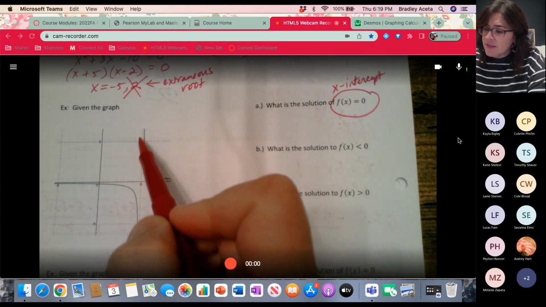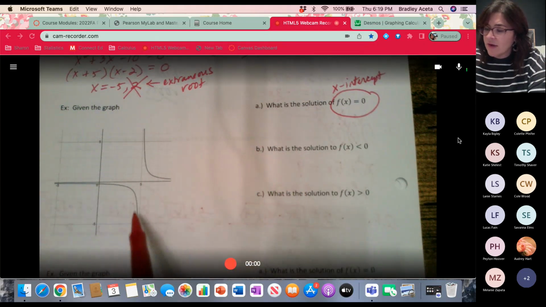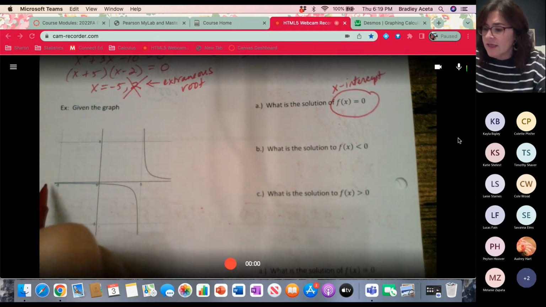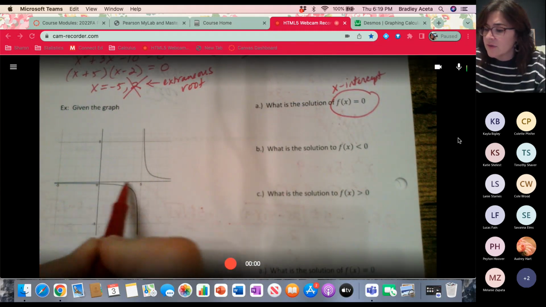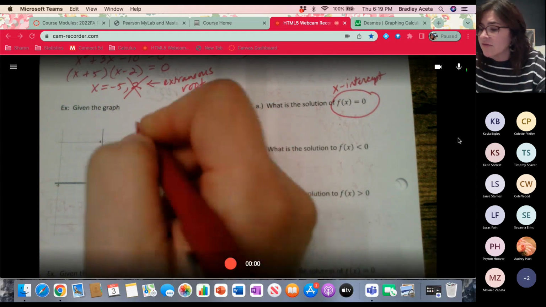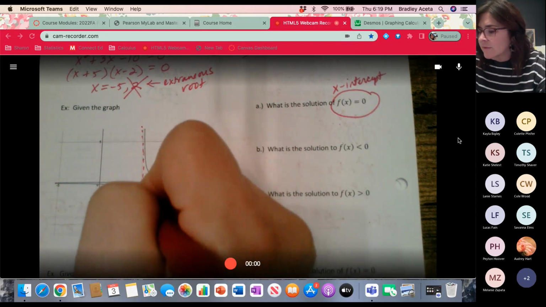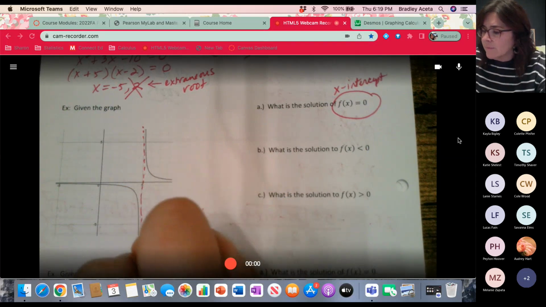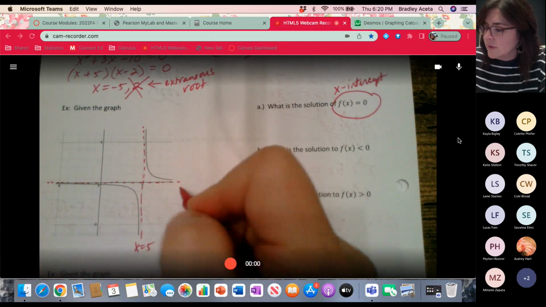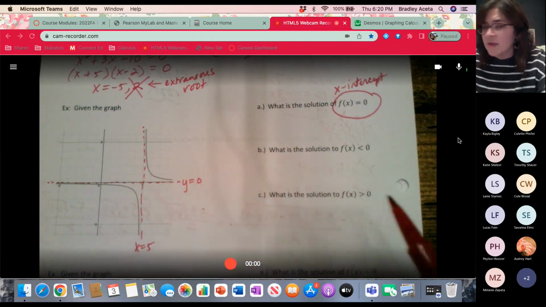Well, if this is the hook graph here and the hook graph here, we learned last time that there is a horizontal asymptote at 0, and then there's a vertical asymptote, which looks like it's at 5, right here. And then there's a horizontal asymptote at 0.